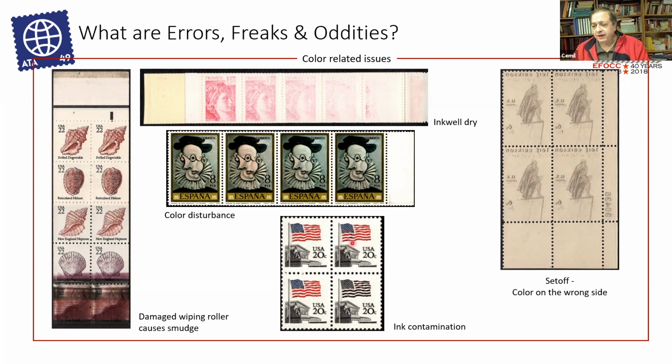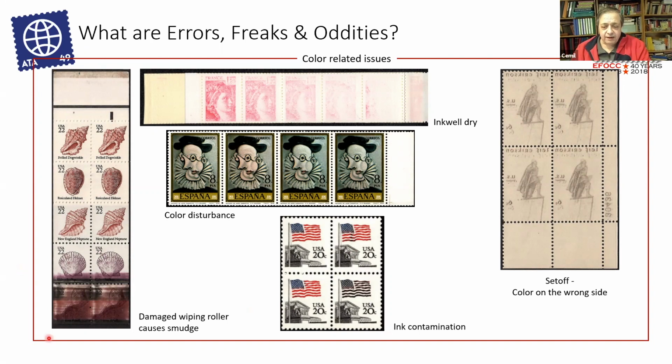If you look here, the blue actually has seeped into the red area, right? Here, altogether, so much was mixed that everything ended up becoming black. So this is another thing that is probably not very expensive, but it's a lot of fun to collect.